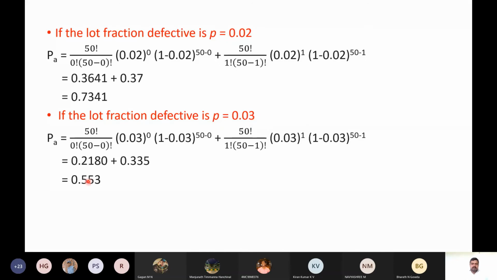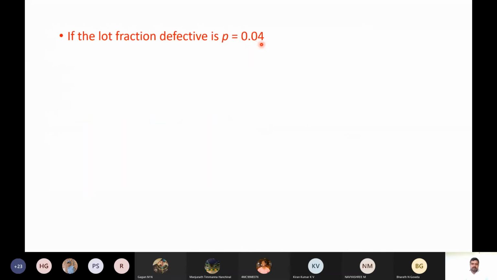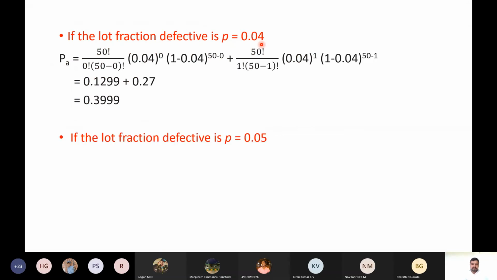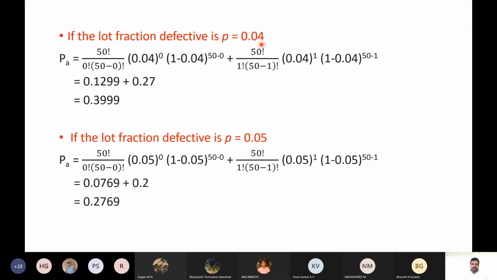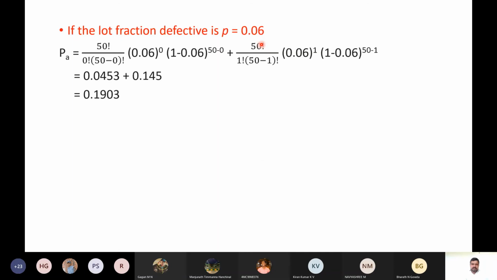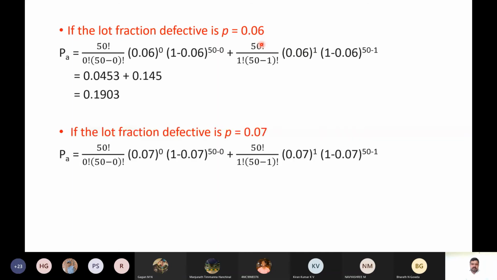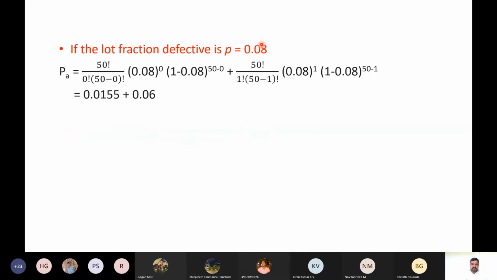Similarly 4% defective, 0.04, same procedure. Next 0.05, same procedure, then 0.06, 0.07, and next 8%. So now I have considered lot fraction defective from 1% to 8%, that is 0.01 to 0.08, and now I have the corresponding acceptance values.